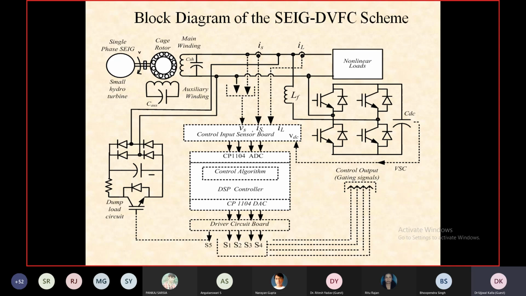And we force the generator to supply only the fundamental component of the load current. And we do the switching of the switches in such a manner that the generator is bound to supply only the fundamental component of the load current. And the fundamental component is always a sinusoidal signal. And now because the generator is only supplying the fundamental component, all the harmonic current components will be supplied by the voltage source converter.